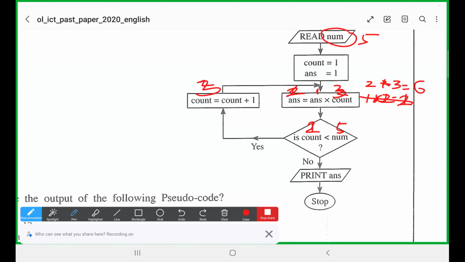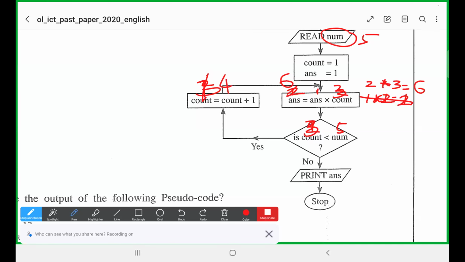Now answer is 6. Count is 3. So 3 less than 5, yes. Now this becomes 4.